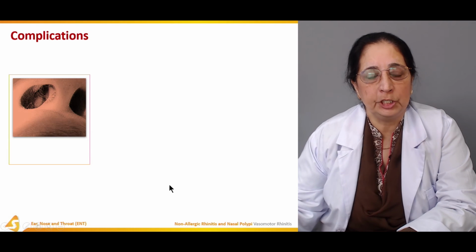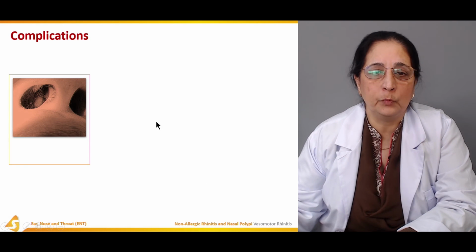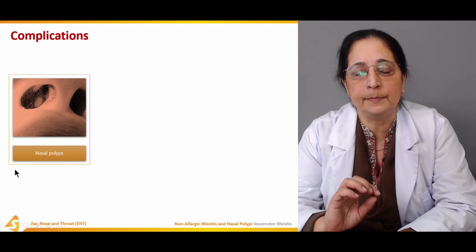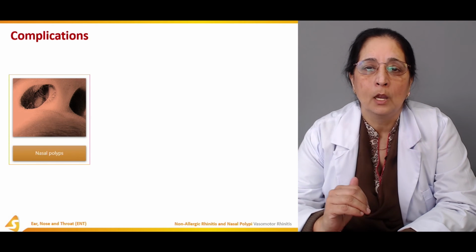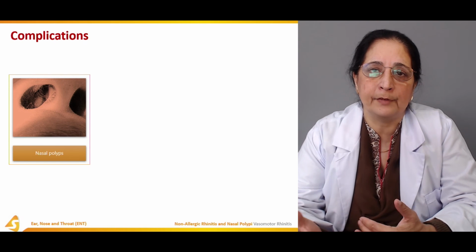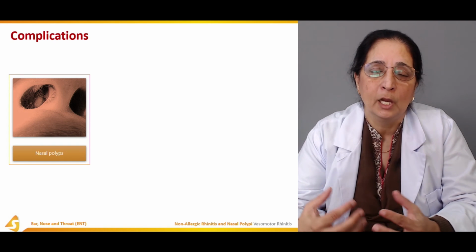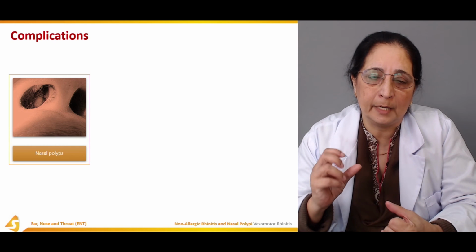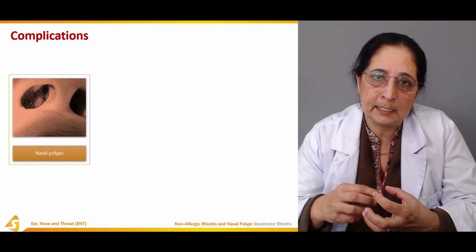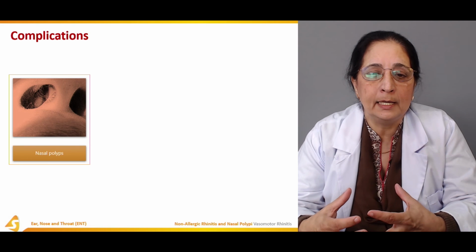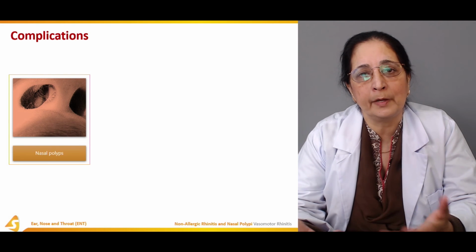Now, the complications of vasomotor rhinitis: polyps develop. Polyps are a very common complication in patients who keep getting different types of rhinitis because of the swelling of the mucosa. When it becomes edematous, it sometimes hangs down and forms polyps.